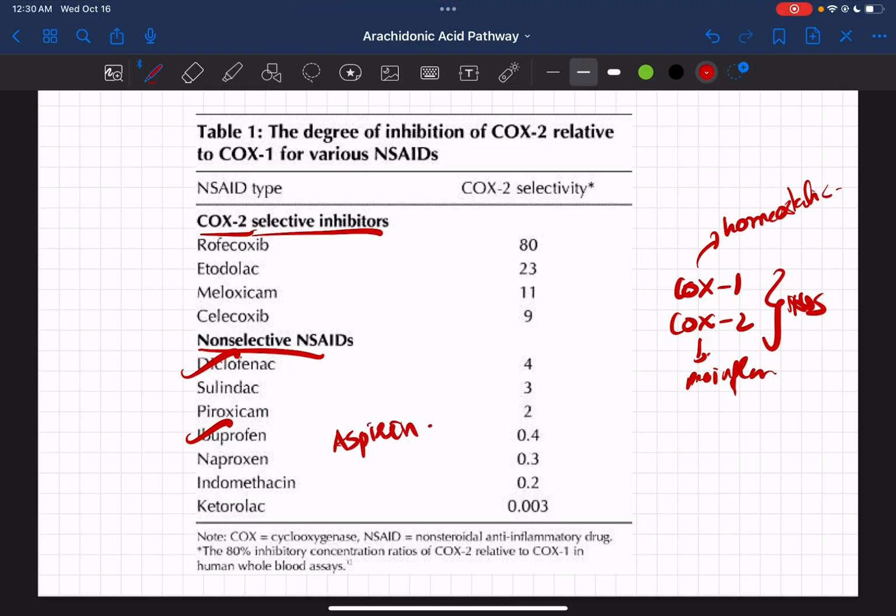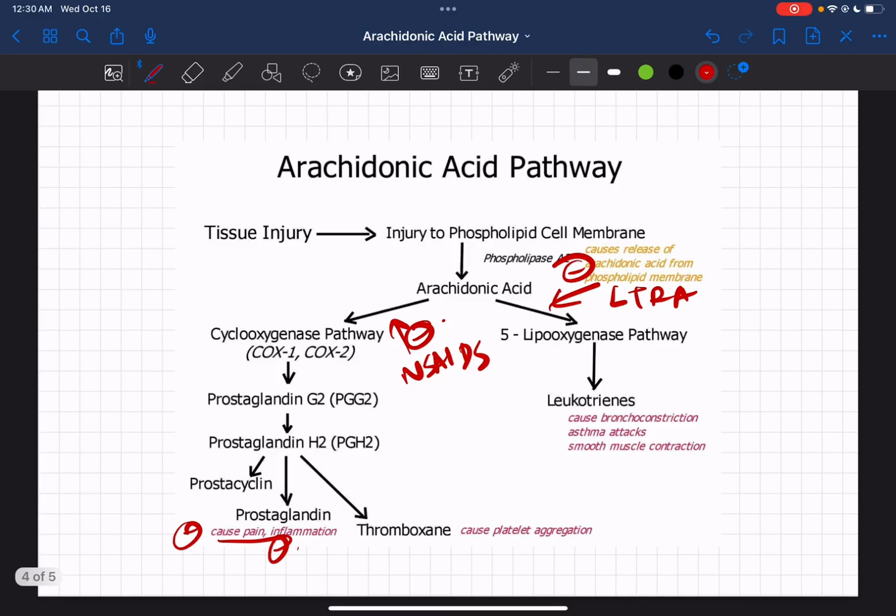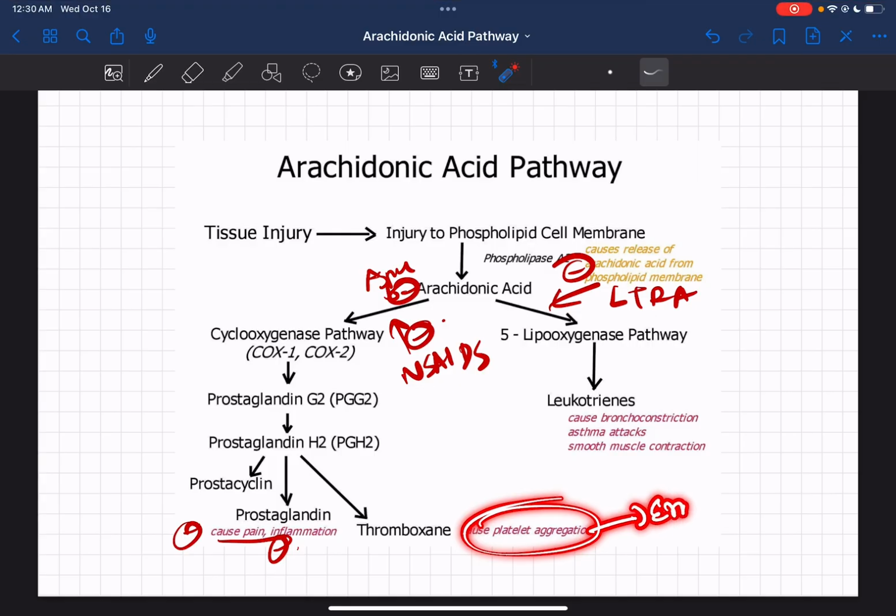Okay, so remember, patients at risk of heart disease take a prophylactic dose of aspirin. Why do they do that? Because aspirin is going to come and inhibit this pathway right here, right? If it inhibits this pathway, it inhibits the production of thromboxane, which causes platelet aggregation. Now if there is platelet aggregation, there is a chance of forming emboli, right?